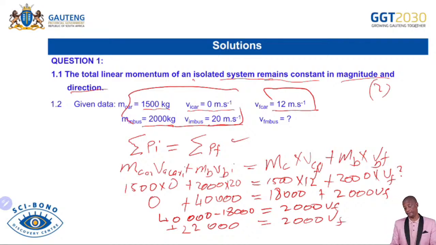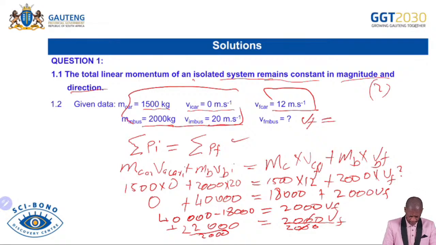But we want VF. What do we do if we want VF? We need to divide both sides by 2,000. This side we divide by the same amount. Then this one cancels out. What we remain with on this side is VF equals.